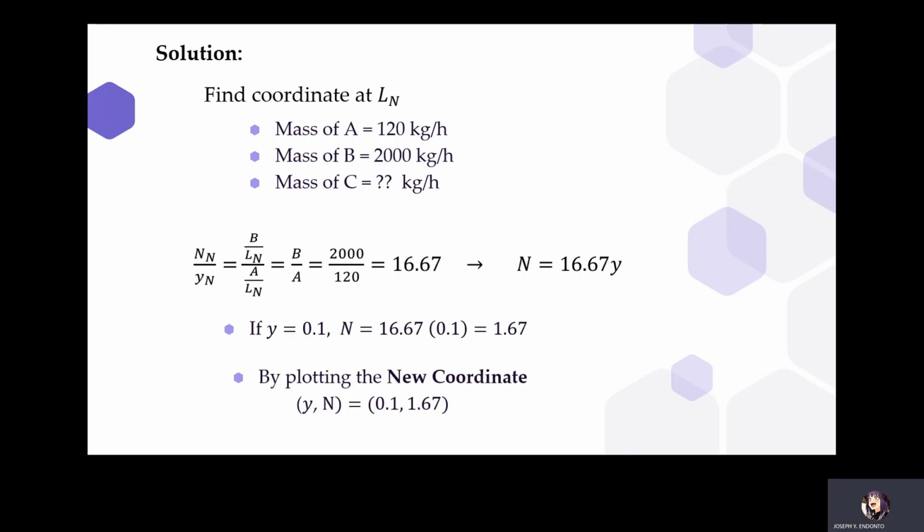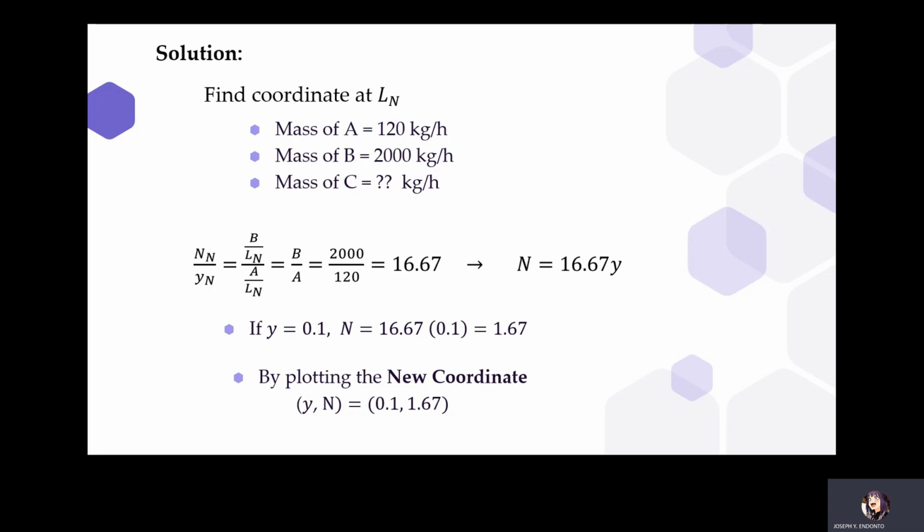So the next step is to find also the coordinate at L sub n, which is the underflow solution. And as you can see here, the mass of A and B are given, while the mass of C is unknown. So in order to get the mass of C, we have taken this formula N sub n over Y sub n is equal to B over L sub n divided by A over L sub n, which is calculated in the form of B over A, which is 2000 over 120.